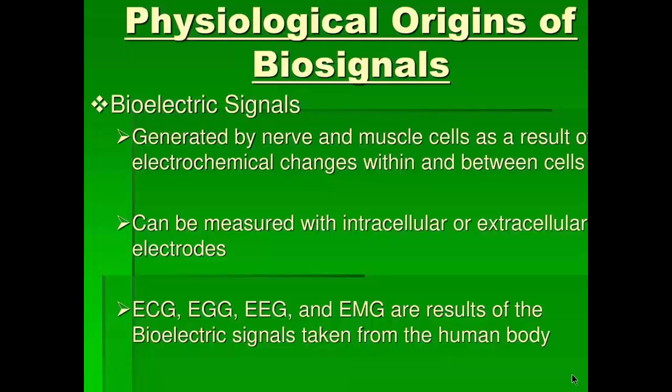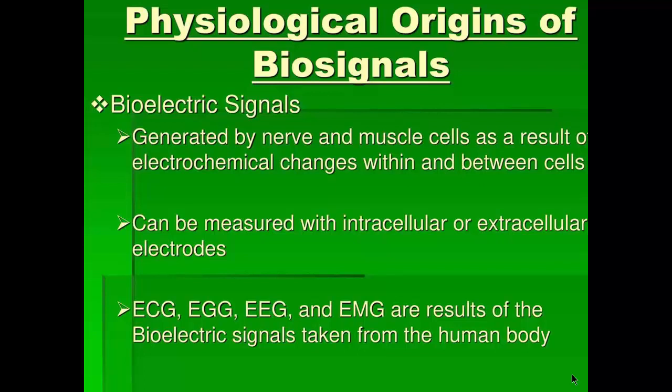So what are biophysiological signals? What are their origins? They are generated by nerves and muscle cells, but they are generated specifically by our biological basis, nerves and cells that operate via electrochemical activity.